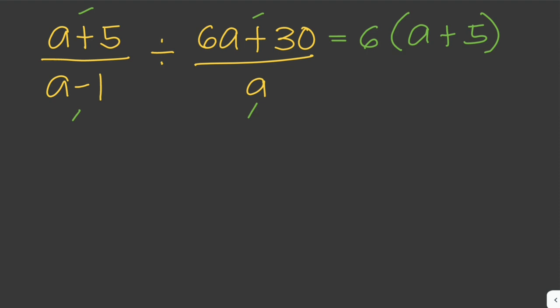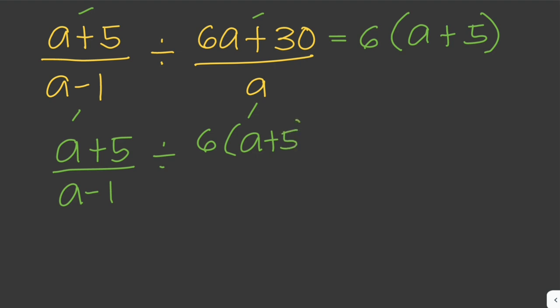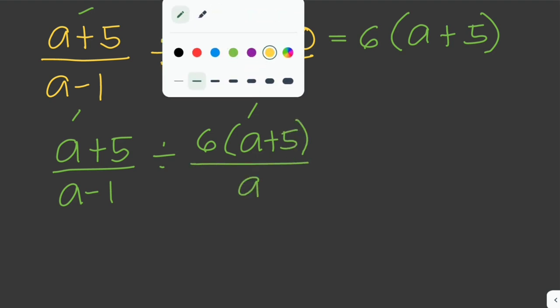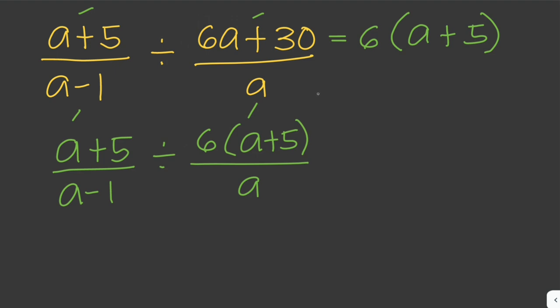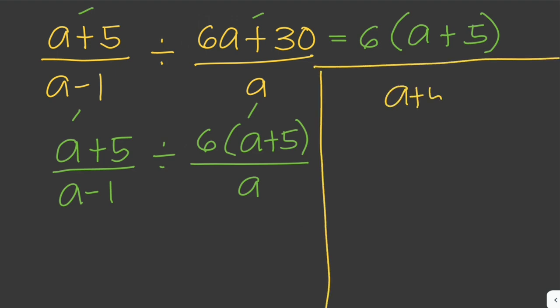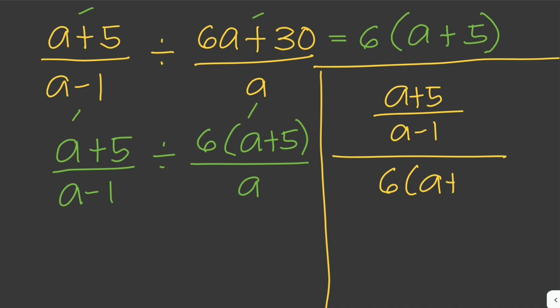Then we can rewrite this expression as a plus 5 over a minus 1 divided by 6 times a plus 5 over a.